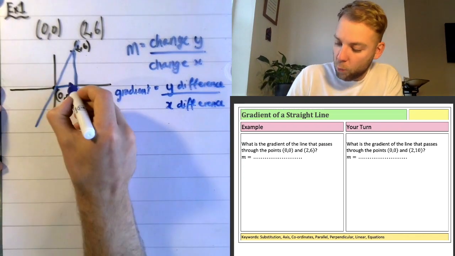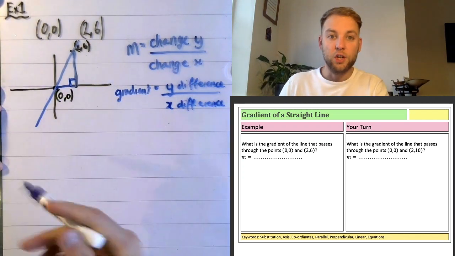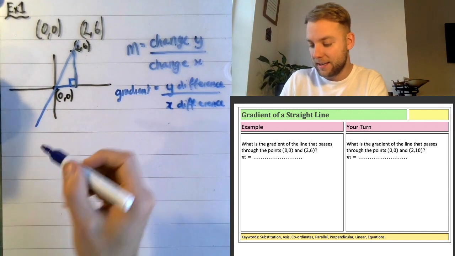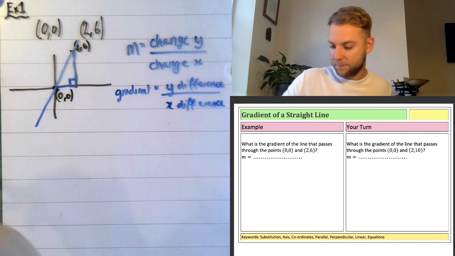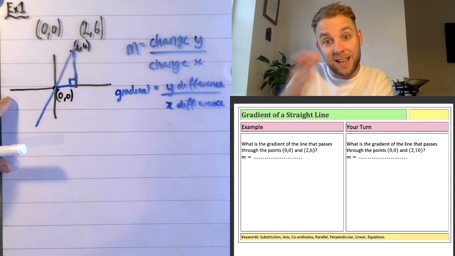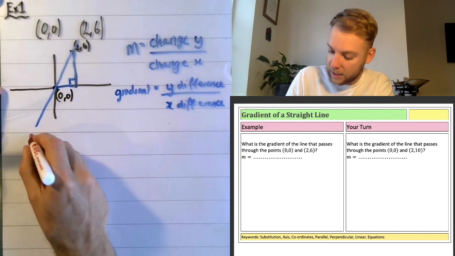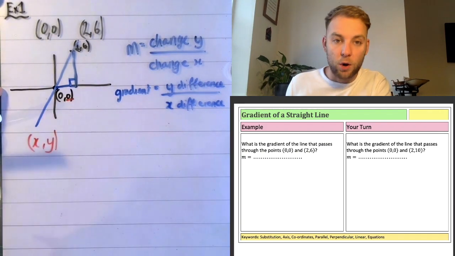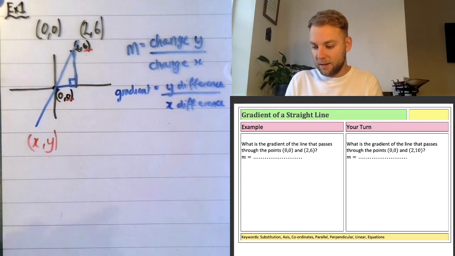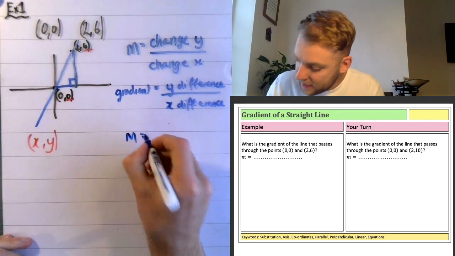And what we do here, once we've drawn this triangle, is see how high the triangle is for your coordinates. So in this case, I'm going to do this in a particular colour. I'm going to look at the y, which is the second. Remember, it's x, y. So it's going to be from 0 up to 6. So for my gradient, how do I get from 0 to 6?